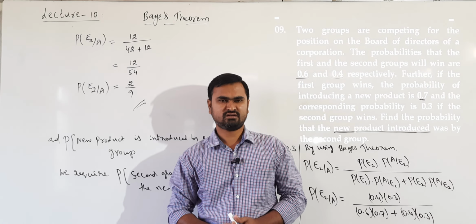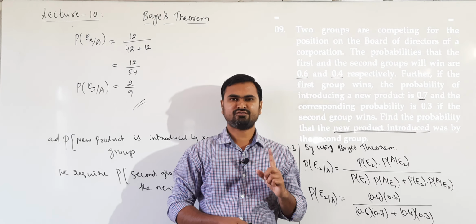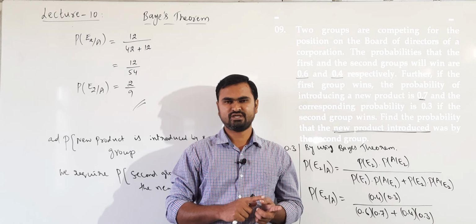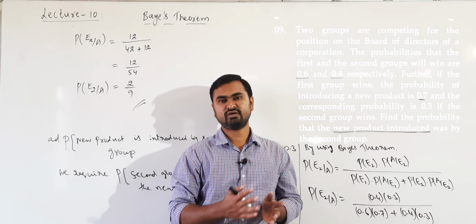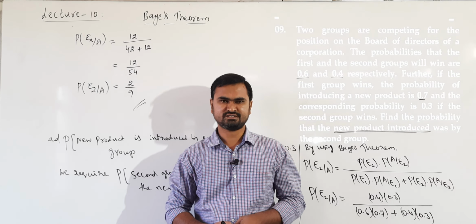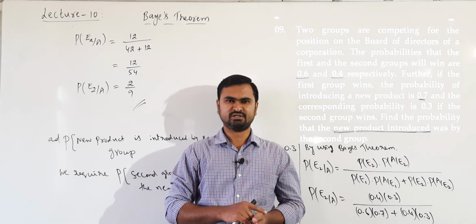After defining A, we find the probability of A given that the events have occurred: P of A given E1, P of A given E2, P of A given E3 like this.